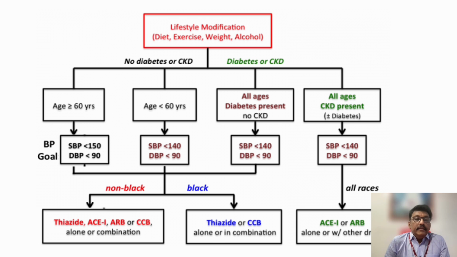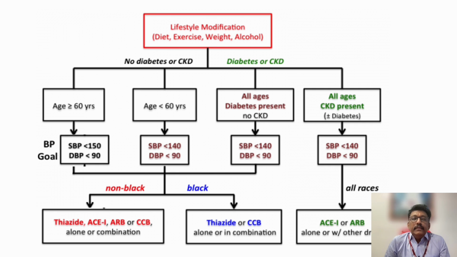We have to start either a thiazide diuretic, ACE inhibitor or ARB or calcium channel blocker. Beta blockers are not first line choice in any treatment. But remember, diabetes is the most common associated condition with hypertension.